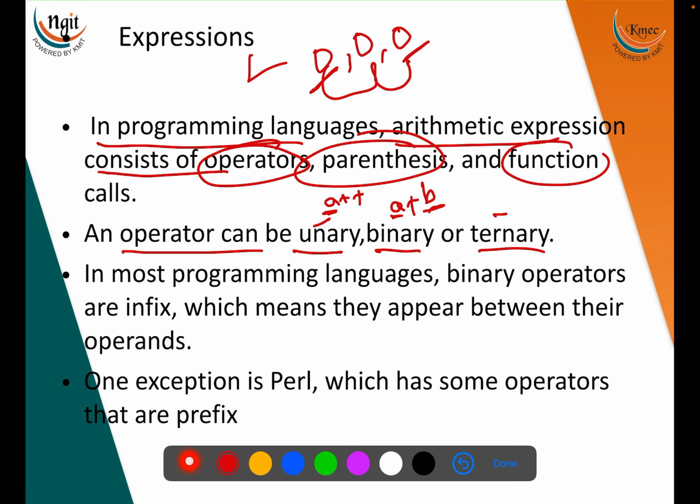We use three operands, three conditions we write using the conditional operator. Now, in most programming languages, binary operators are infix, but in the Perl programming language, few operators are prefix, though most programming languages will take infix.